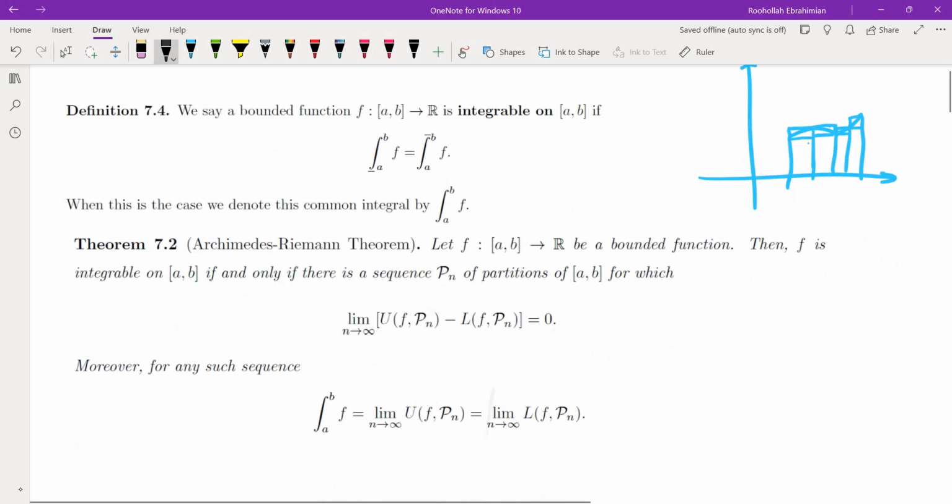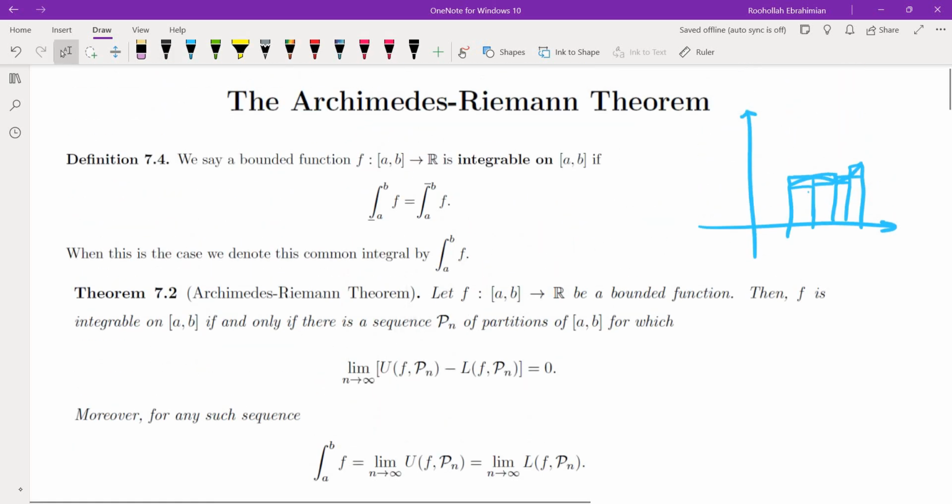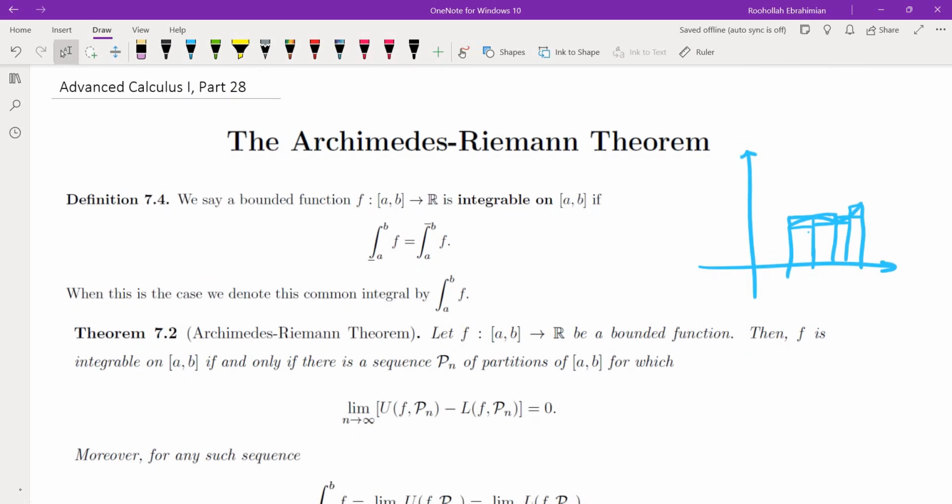Okay, so the main theorem for today is the Archimedes-Riemann theorem. So first, what's the statement? And then we are going to go over the proof of that, and then we will see some of the applications. Okay, so the statement of the theorem. Intuitively, it tells us that if you look at the example on the right, look at these lower sums that I found.